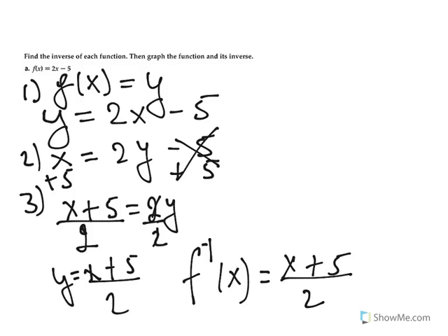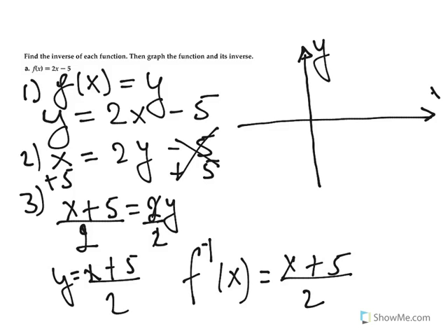Now, graph the function and its inverse. You know how to graph functions using the slope-intercept form, and I'm just sketching a graph here. Here are the x's and here are the y's. The first thing that we put is the y-intercept.